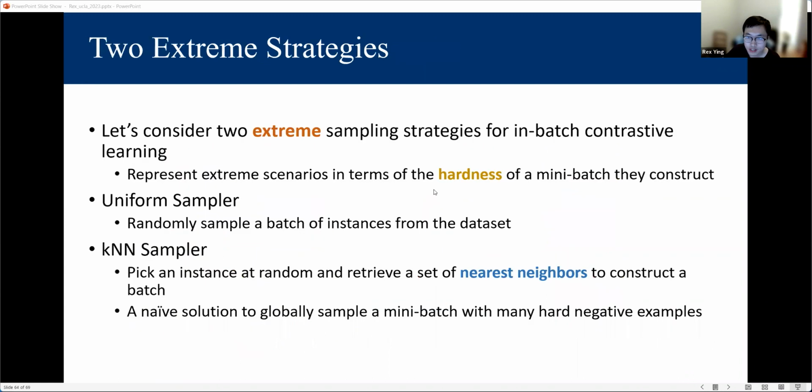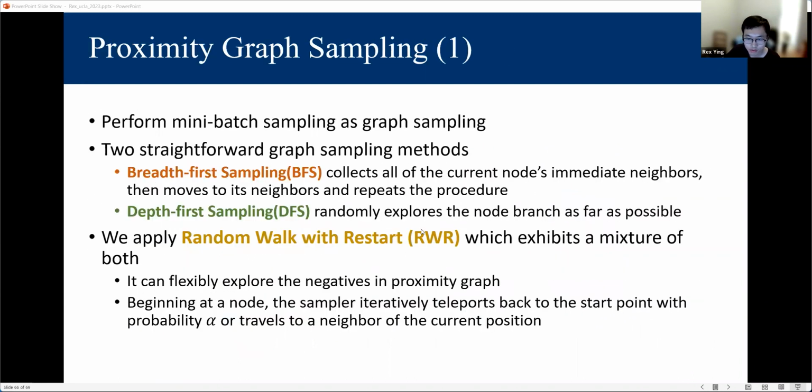So that's why we perform this random-walk-like procedure, using the proximity graph as a medium to find examples that are close but not too close, so that you get a sweet spot that doesn't give you a lot of false negatives, but also doesn't give you very easy negative examples.